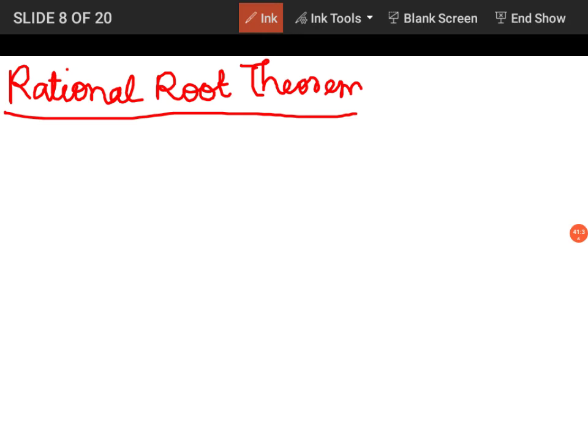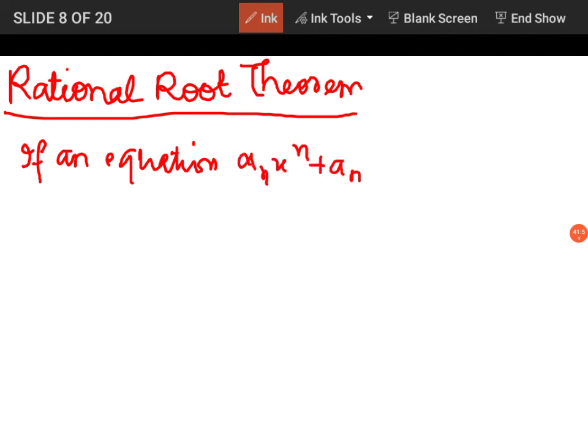Roots are basically values for which the value of an equation comes to be 0, correct? So if an equation, say, I'm taking a general equation, a n x raised to the power n plus a n minus 1 x raised to the power n minus 1 plus a naught.